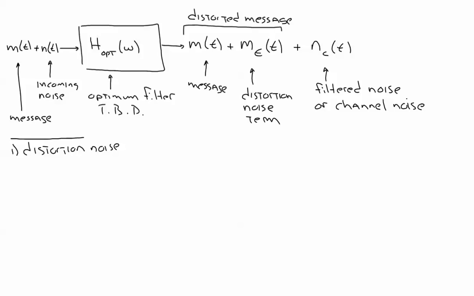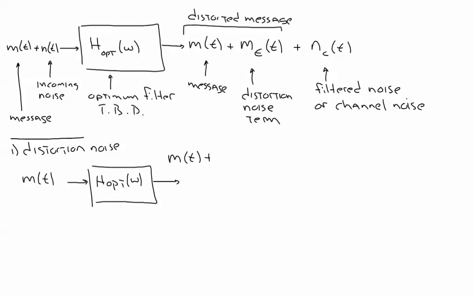All right. If I let my message be applied to the input of my optimum filter, the output is the message plus the distortion.